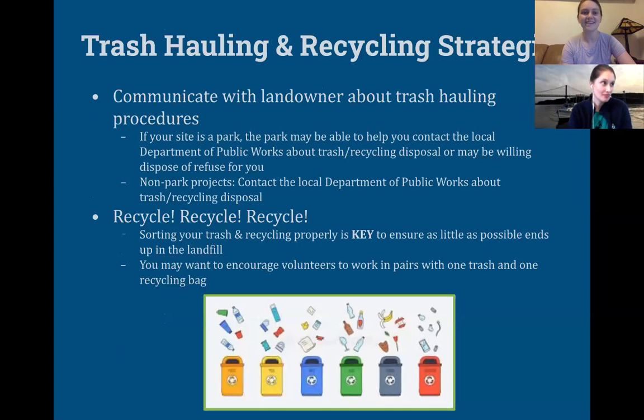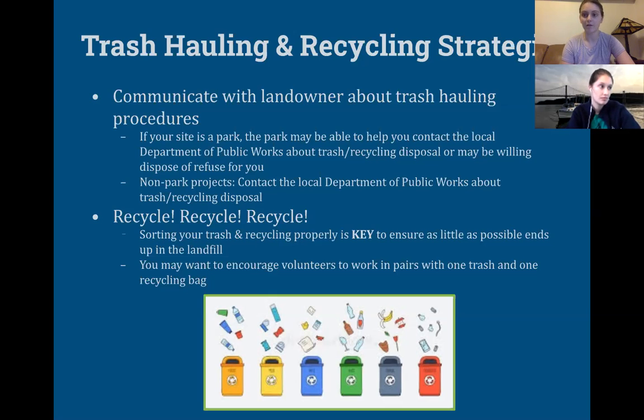Okay, and then one of the big ones, trash hauling and recycling. So we spoke about this a bit in the last webinar, but to sort of add more detail this time, you can communicate with the landowner of your site about trash hauling procedures and see if they already have kind of a system in place for service projects, particularly if it's a park.